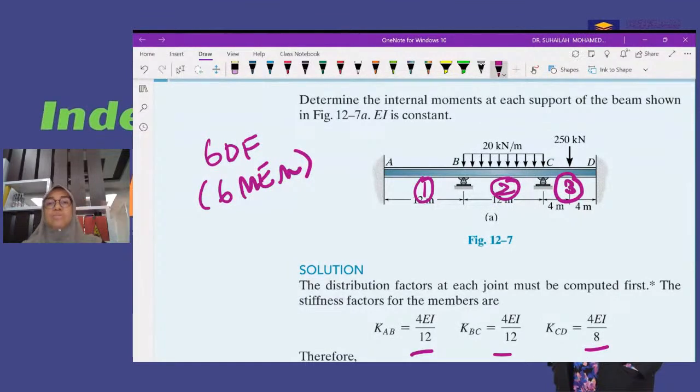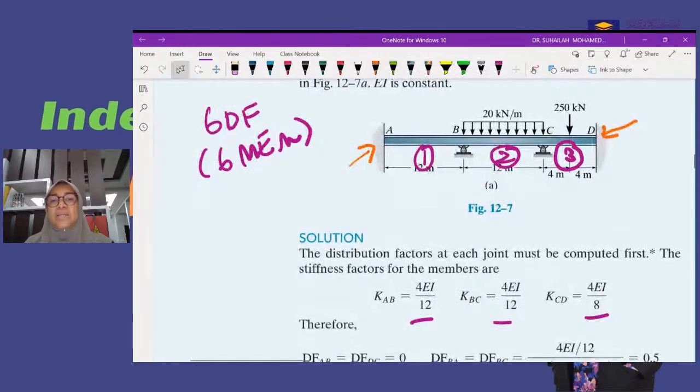To calculate the distribution factor, remember that since both A and D are fixed ends, the distribution factors for AB and for DC are equal to 0.